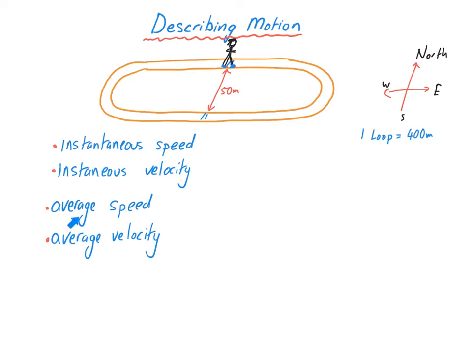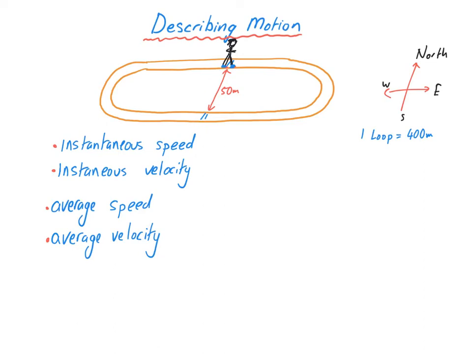Now their average speed was the same in both cases because they completed the 600 metres, the 1.5 loops, in the same amount of time.